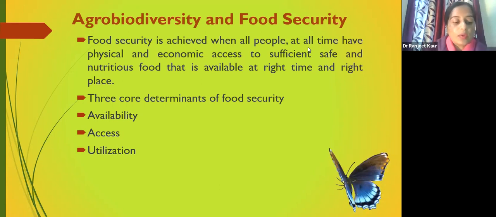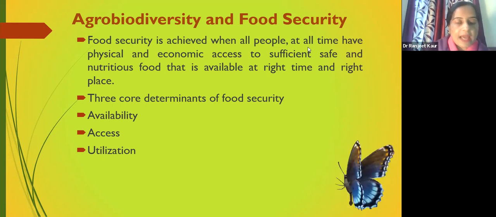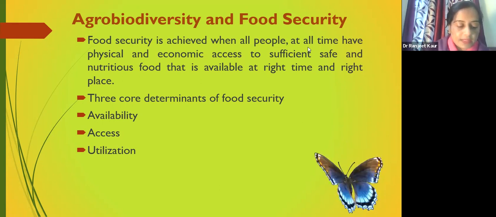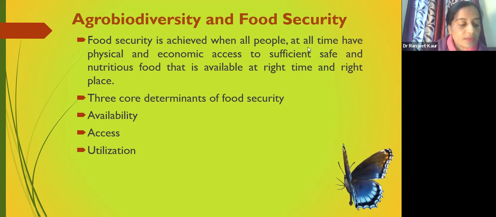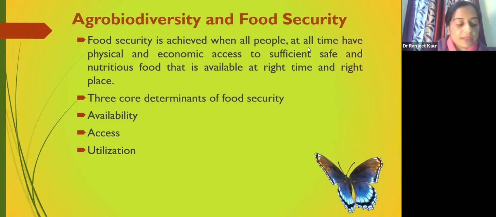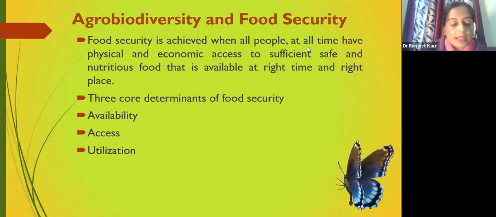There are three core determinants of food security: availability, access, and utilization. Availability involves the production of sufficient quantity of food at the right time and in the right place. Access concerns the demand side, in particular the problems of people who cannot buy enough food, even if it is available. And utilization involves the storage, processing, and combination of foods.